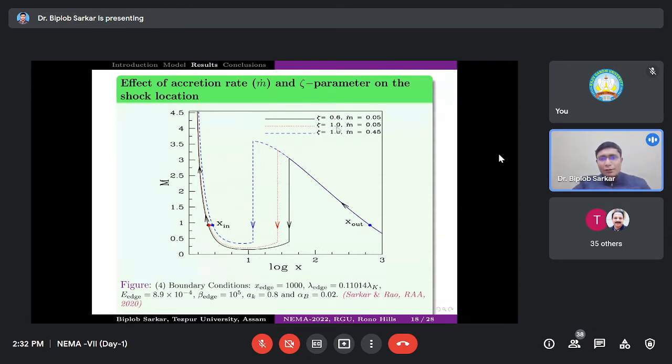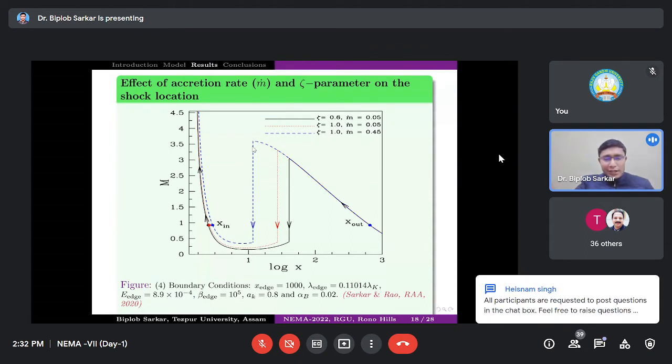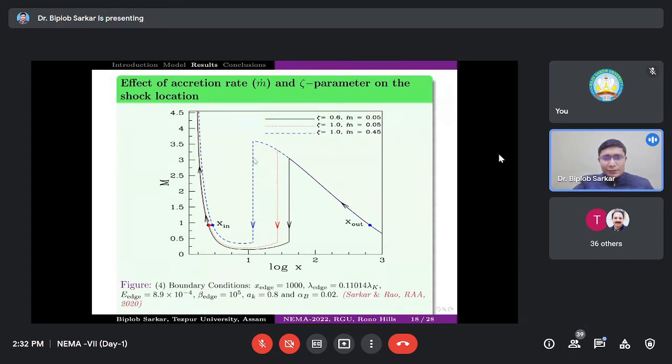Again in the third case, we have fixed the zeta parameter to 1.0, and now we have increased the accretion rate to 0.45. When the accretion rate is increased, the amount of magnetic field carried with the accreting matter will also increase, synchrotron cooling will become efficient, and since cooling will be much more efficient in the post-shock region due to the high density there, the post-shock pressure will further reduce, and the shock front will further be pushed towards the black hole.